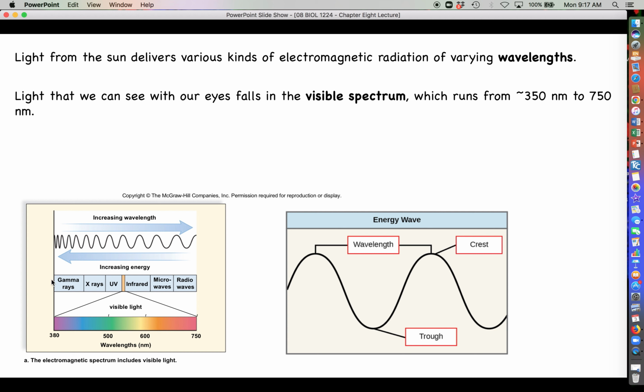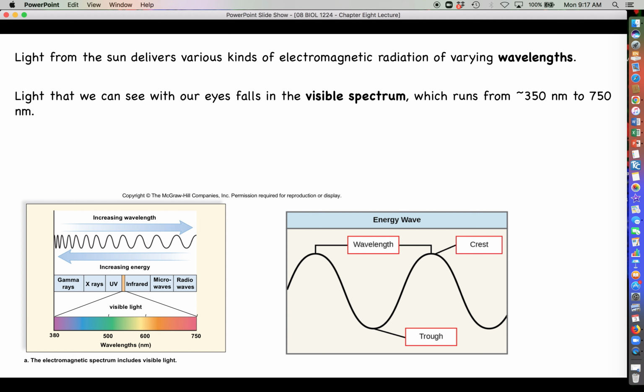If you look at the spectrum of different types of electromagnetic radiation, very short wavelength light would be things like gamma rays and X-rays, and very long wavelength light would be things like microwaves and radio waves. The light that we can actually see with our eyes falls within a very narrow spectrum, which we call the visible light spectrum.